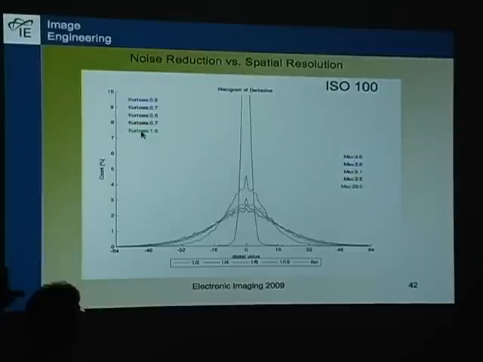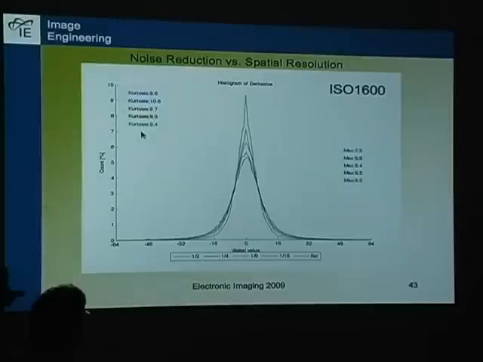And this is basically the ISO 100 image. The green line you see is from the gray patch that didn't have any noise in there. And the others are the noise patches at different contrast levels. And this is the ISO 1600 image.